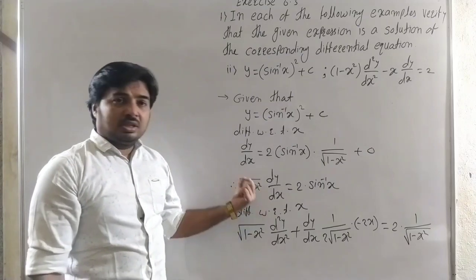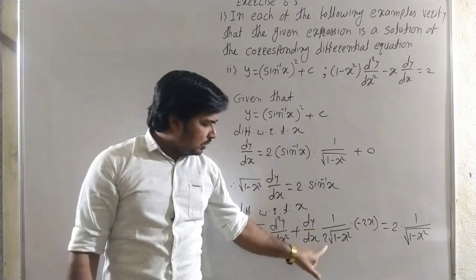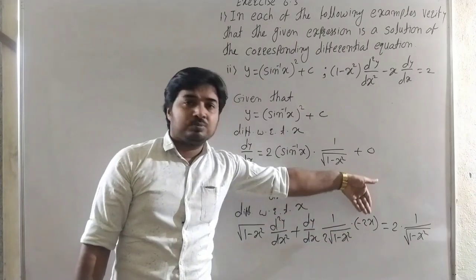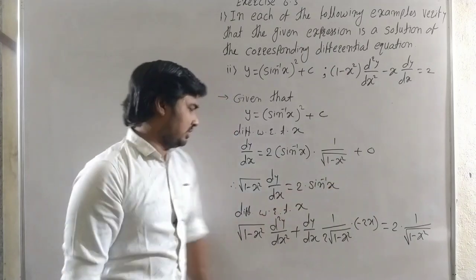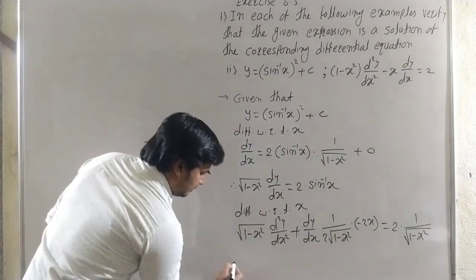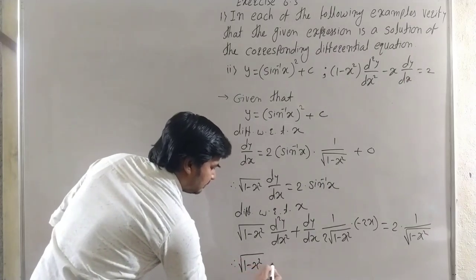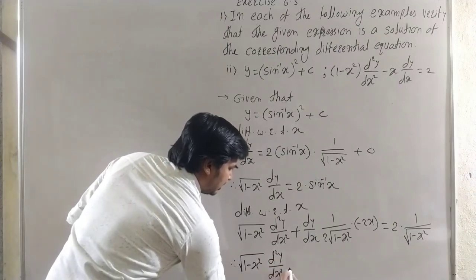Here it is under root x, where x is replaced by the function 1 minus x square, therefore 1 upon 2 under root x, and x replaced by 1 minus x square, therefore the derivative of 1 minus x square is minus 2x. Now we rewrite this: under root of 1 minus x square d2y by dx2.